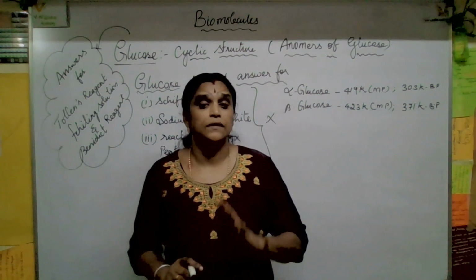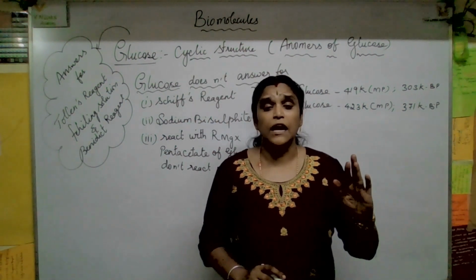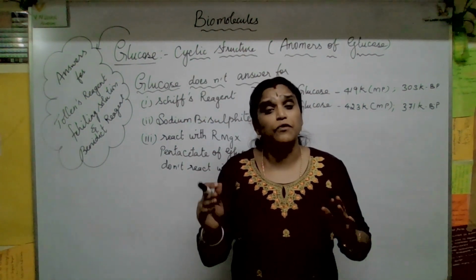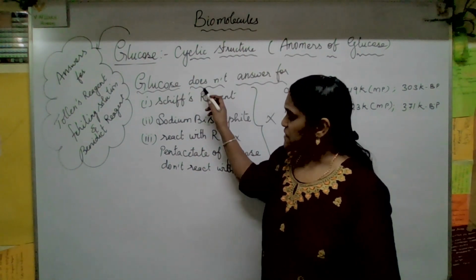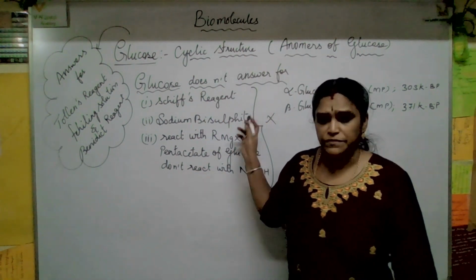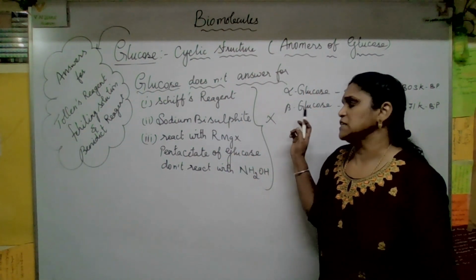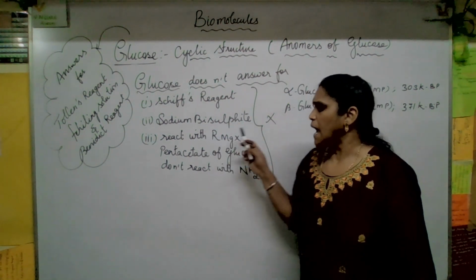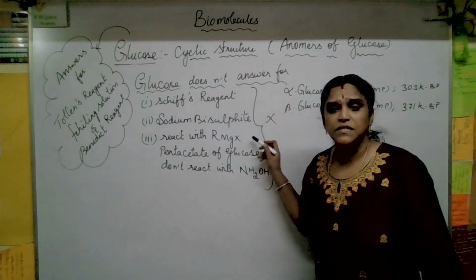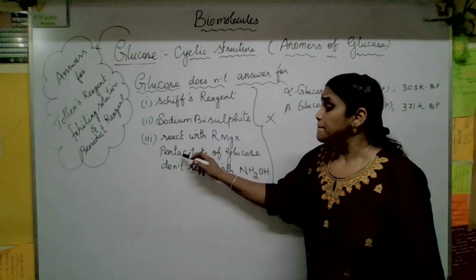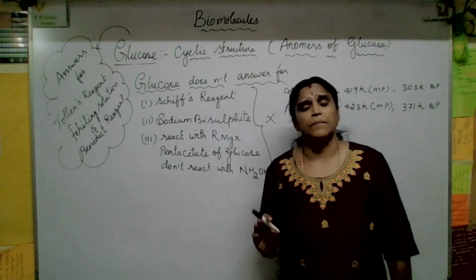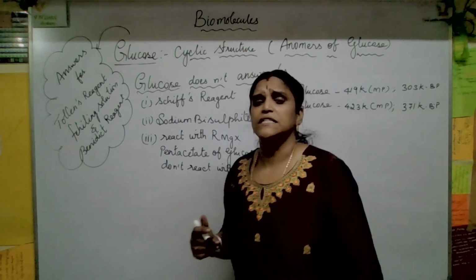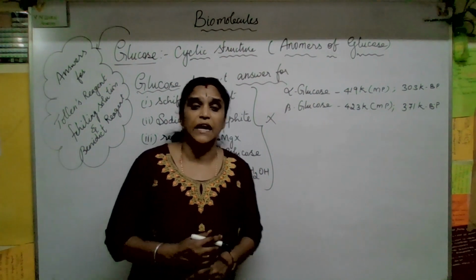Aldehyde group means it has to answer all the aldehyde confirmation tests, but glucose does not answer Schiff's reagent and sodium bisulfite mainly, and does not react with RMgX, the Grignard reagent. The pentaacetate of glucose does not react with hydroxylamine. These do not respond though it has an aldehyde group.